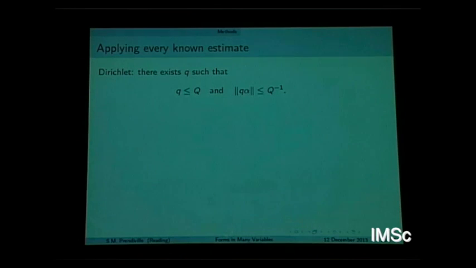So I'm going to kind of hand wave about how we exploit every known estimate, so bear with me. First you take alpha in your minor arcs, and then you perform a Dirichlet kind of Diophantine approximation. You obtain an integer q, of size at most big Q, such that the distance from q alpha to the nearest integer is at most 1 over Q. Now big Q is some parameter, again, we're free to choose it. But every alpha in the minor arcs has such an approximation.